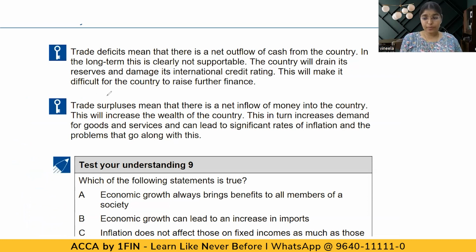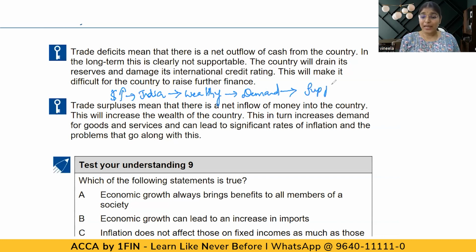From a trade surplus, you will have more exports. When you are exporting more than imports, more dollars will come into the country. As dollars are increasing in India, the country will become wealthy. As the country becomes wealthier, people demand more goods and services. Of course, when I have more money in my hand, I'll purchase more dresses and more things for my sake. But the supply remains constant, because demand increasing doesn't mean I can increase my supply immediately.